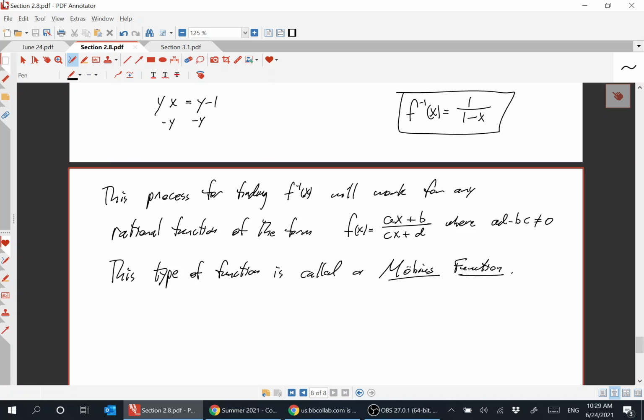Actually, they're all Moebius functions and simple. Well, this is a nice example. Okay, let's do this one. How about number 61?